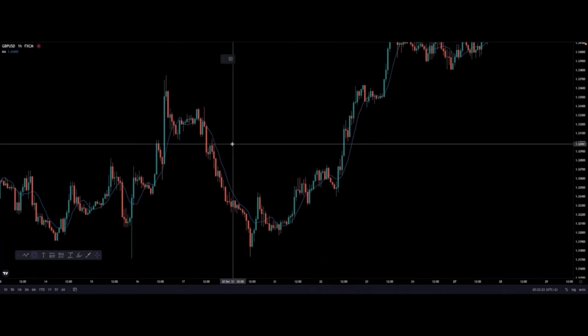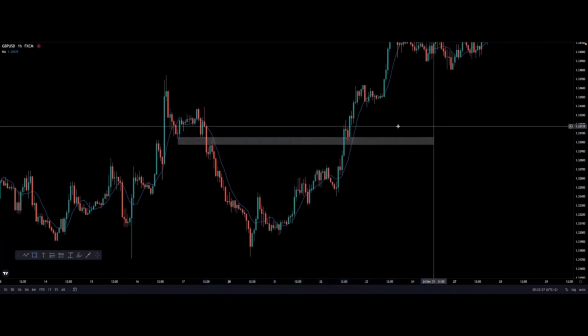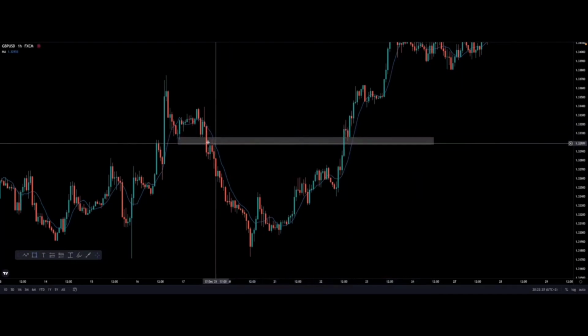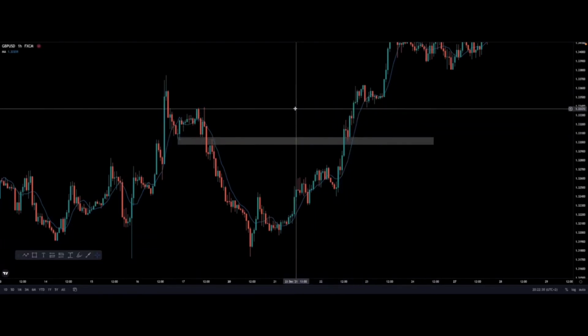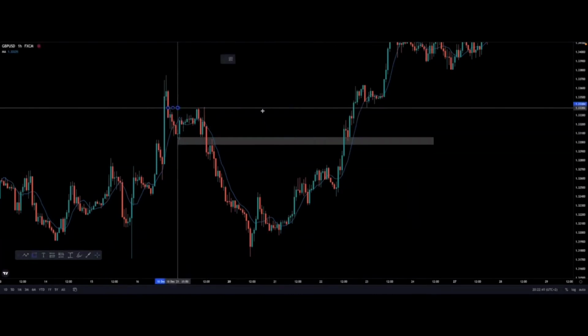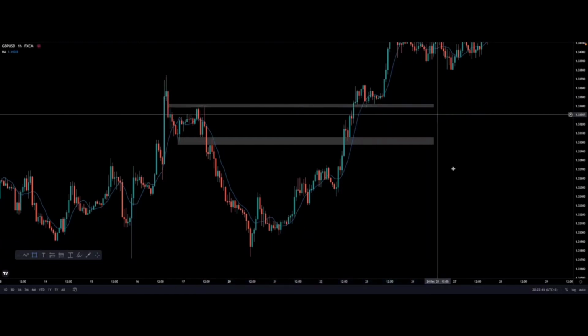But now looking at it without the moving average, all that is a break of a critical horizontal, a retest, rejection to continue pushing through the critical range into the target zone, which sits up here, which is a horizontal level.